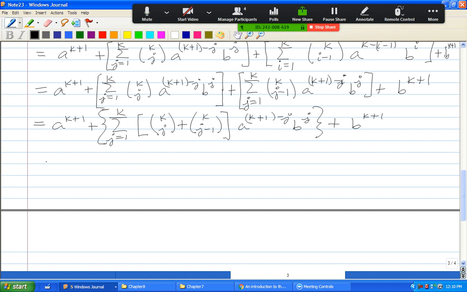So this is equal to, well, by the properties of Pascal's triangle, we just did this. That's the way that you compute your element in Pascal's triangle. You just add the 2 above it.